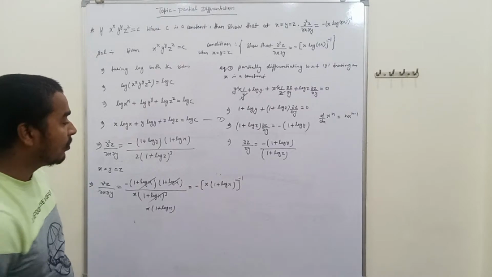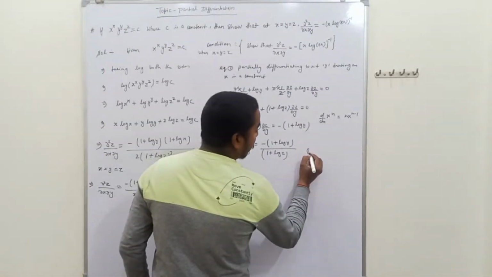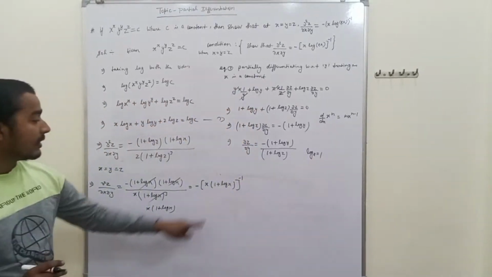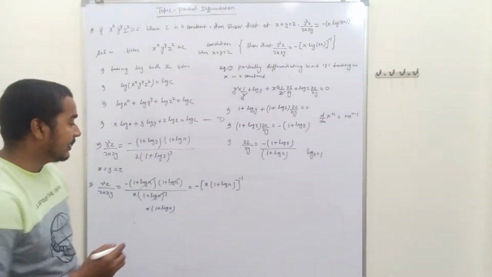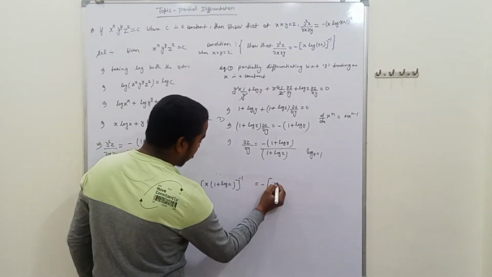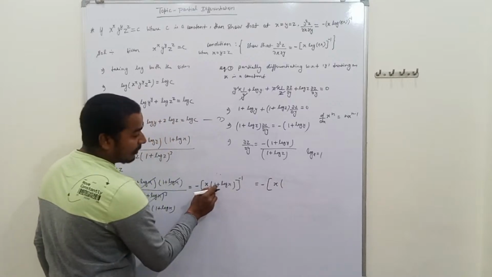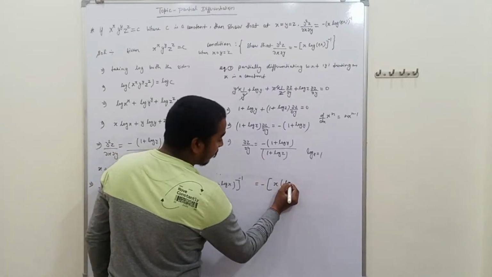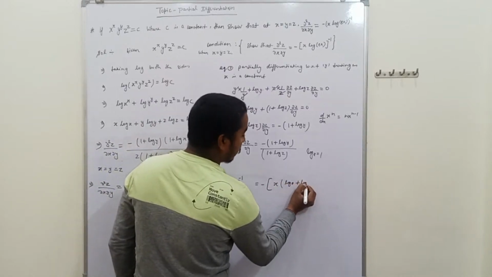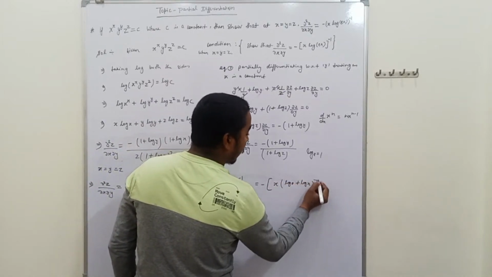Further we have to know the value of log e. The value of log e is 1. So we put in place of 1 log e, that is minus of x, in place of 1 we put log e and plus log x whole power minus 1.